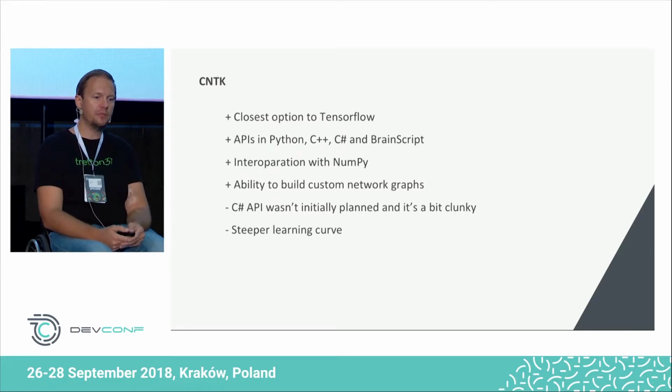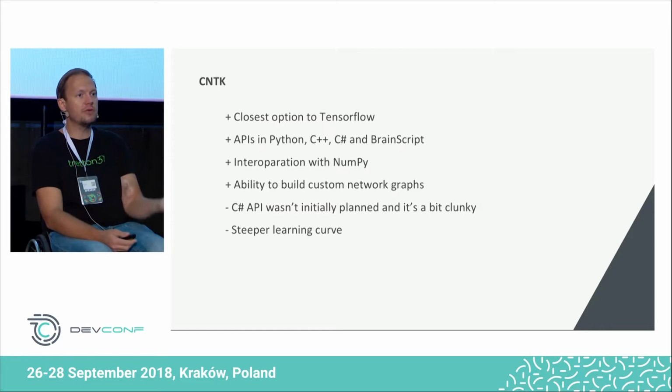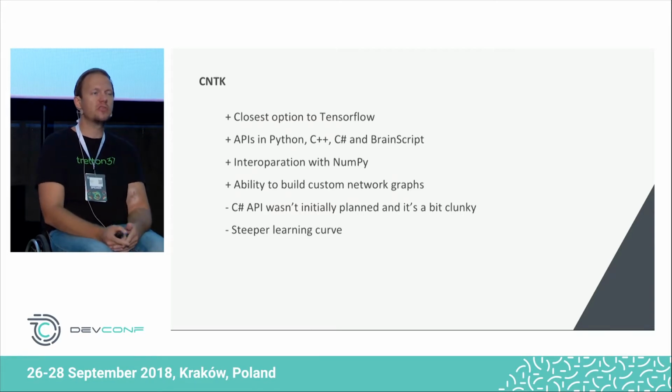But after some pressure from the community, they finally published a C# API last year. And it's still a bit clunky. It doesn't offer the same features as Python, and it doesn't give you such nice code, but it's usable and it's getting better.